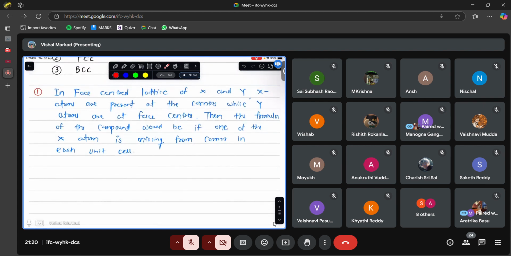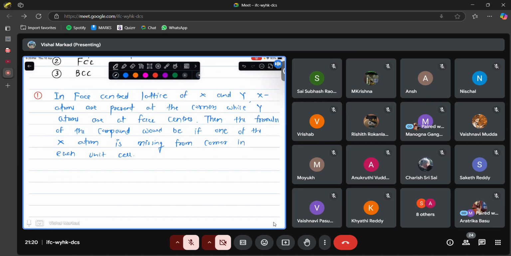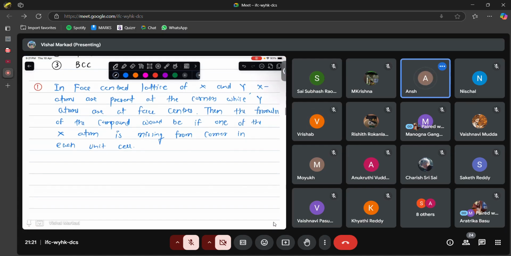Now try to solve this question. What is the given information? Read the first statement. The X atoms are present at the corners.